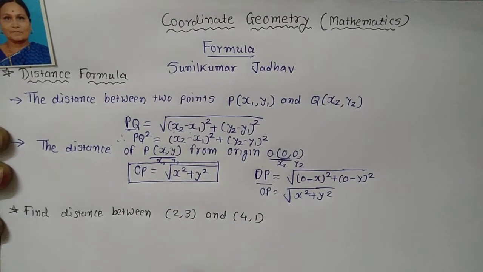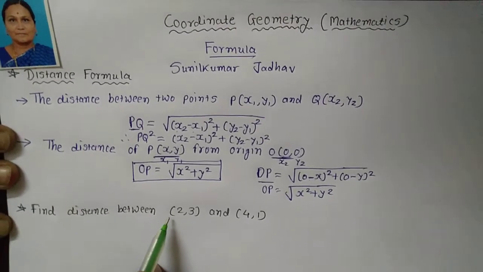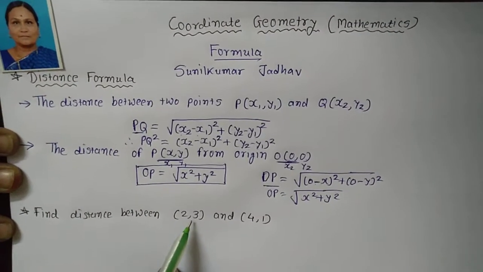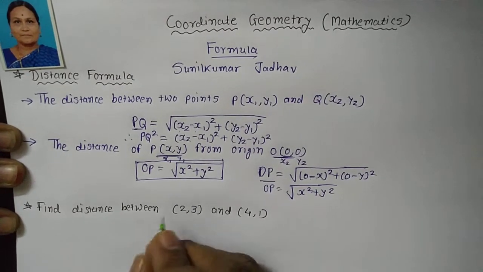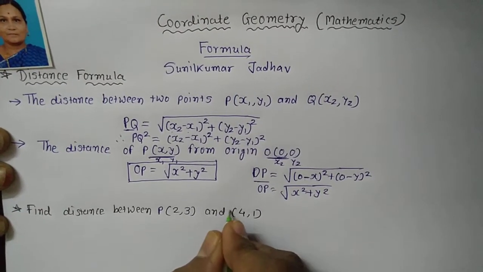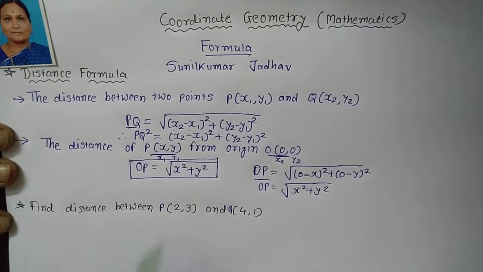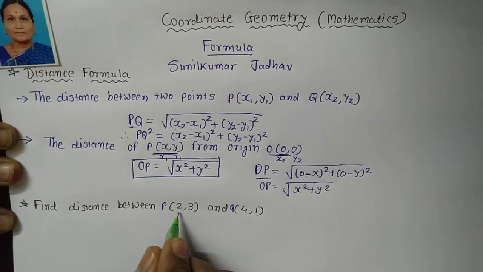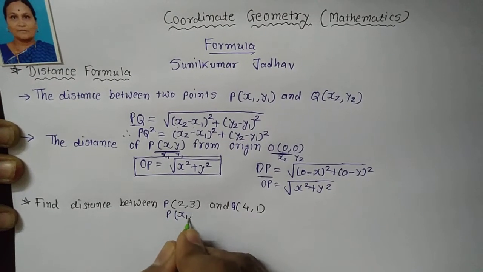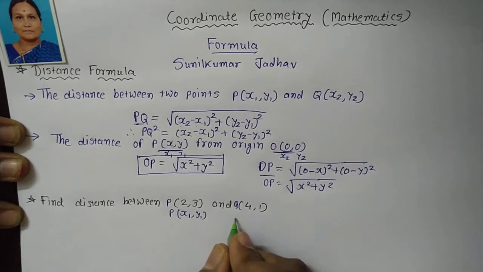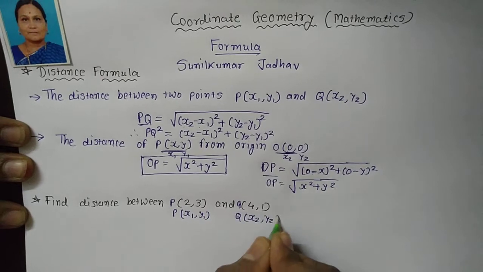Let us see one sum or example related to this distance formula. Find the distance between 2 points which have the coordinates (2, 3) and (4, 1). Let me consider this point as P and this point as Q, as we are going to use this particular formula. For point P, I compare its coordinates with x1 and y1, and for point Q I'll consider x2 and y2.